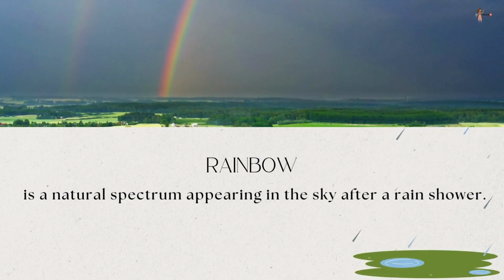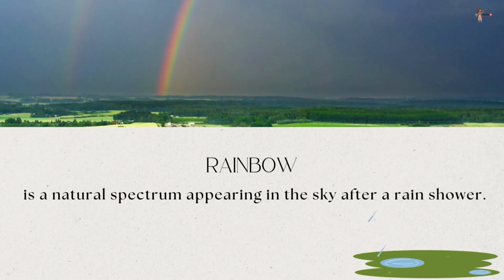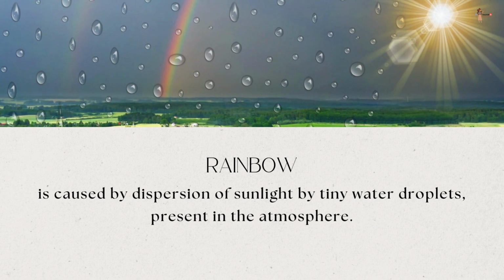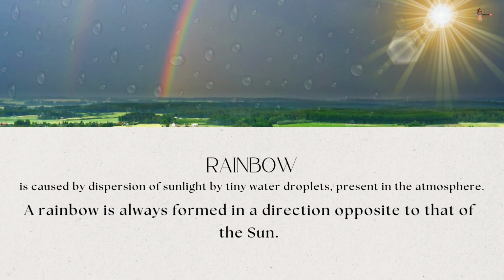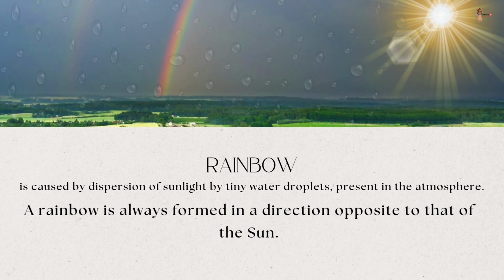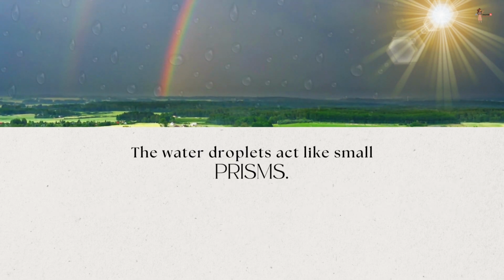A rainbow is a natural spectrum appearing in the sky after a rain shower. It is caused by the dispersion of sunlight by tiny water droplets present in the atmosphere. A rainbow is always formed in a direction opposite to that of the sun. The water droplets act like small prisms.